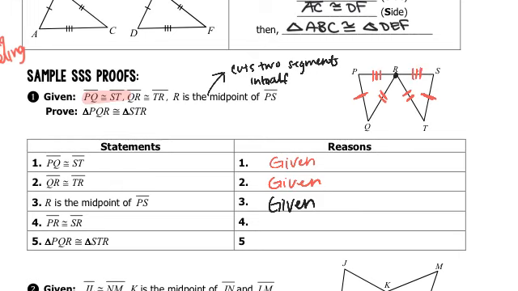And look, that's what they put next. And so we would say that this is by the definition of a midpoint. And now we have three sides marked, side, side, side. So we can say that the triangles are congruent by side, side, side.